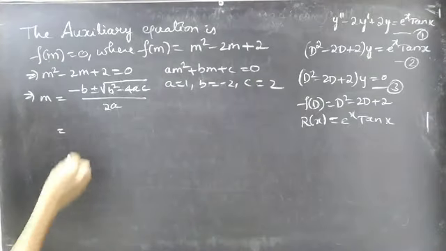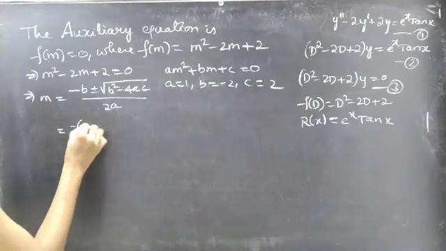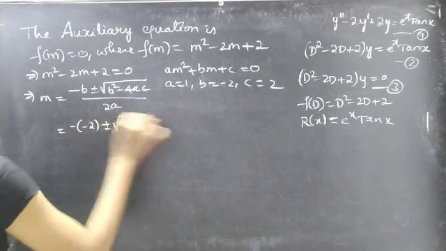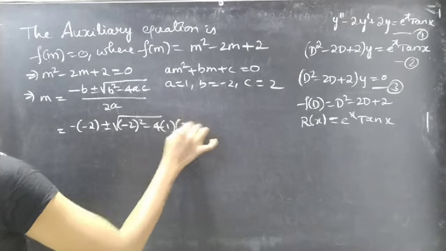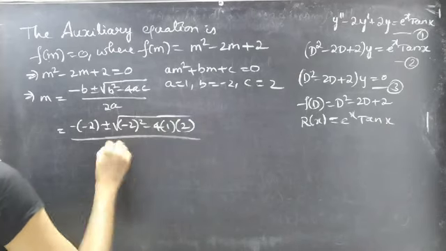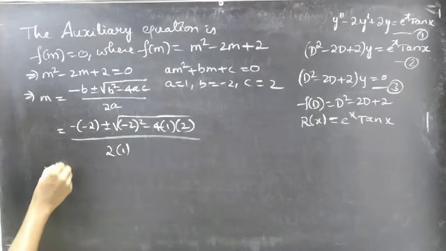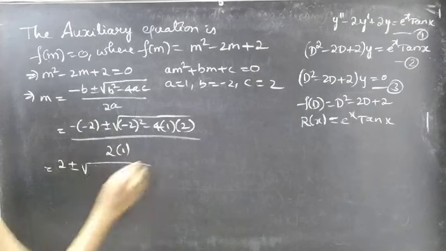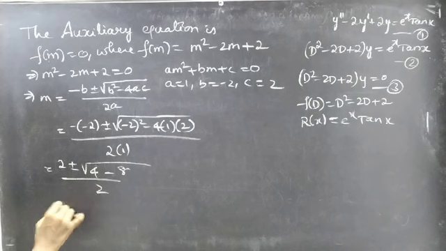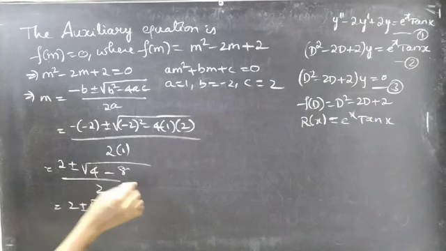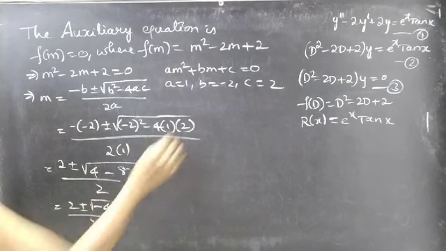Now just substitute the values. Minus of minus 2 plus or minus square root of (minus 2) whole square minus 4 into 1 into 2, by 2a, which gives us 2 plus or minus square root of 4 minus 8, by 2. We'll get 4 minus 8 is minus 4, by 2.